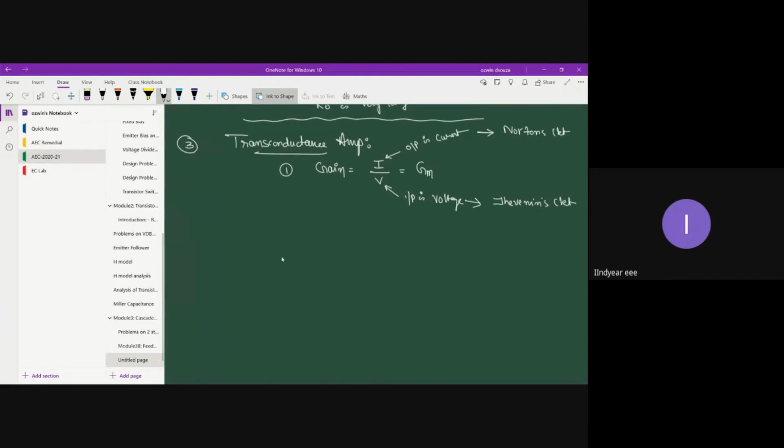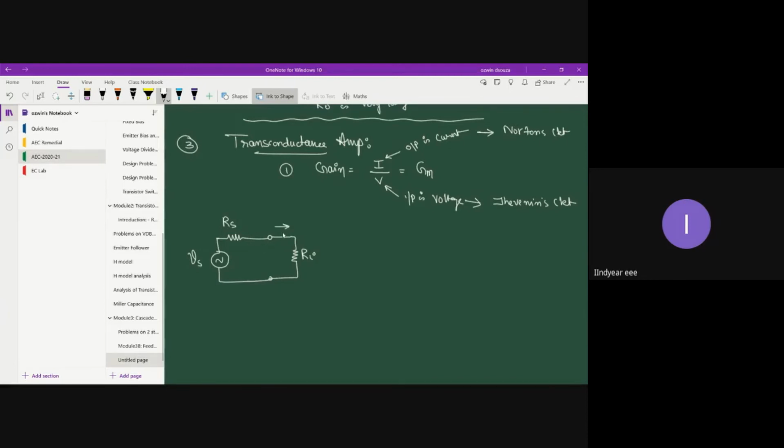All right, so let's go ahead with the construction part. On the input side, you need to have a Thevenin circuit, right? So let's draw the Thevenin circuit. Your input resistance Ri connected to a source voltage Vs having a source resistance of Rs.